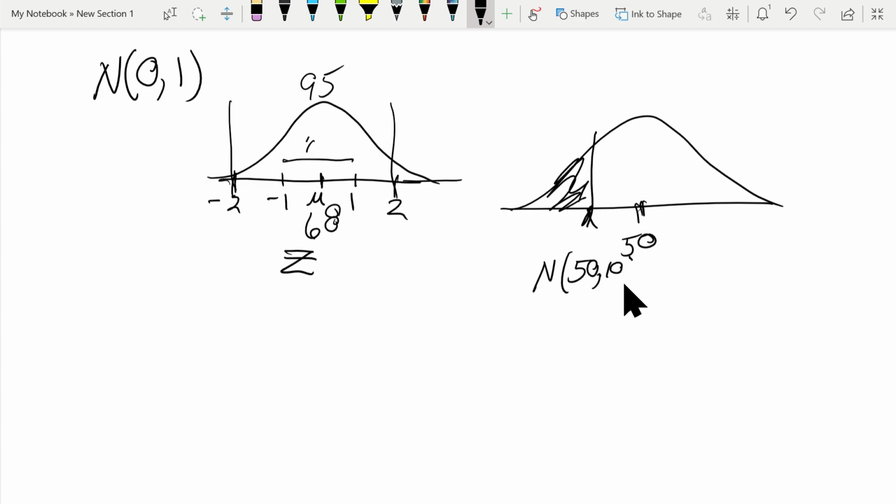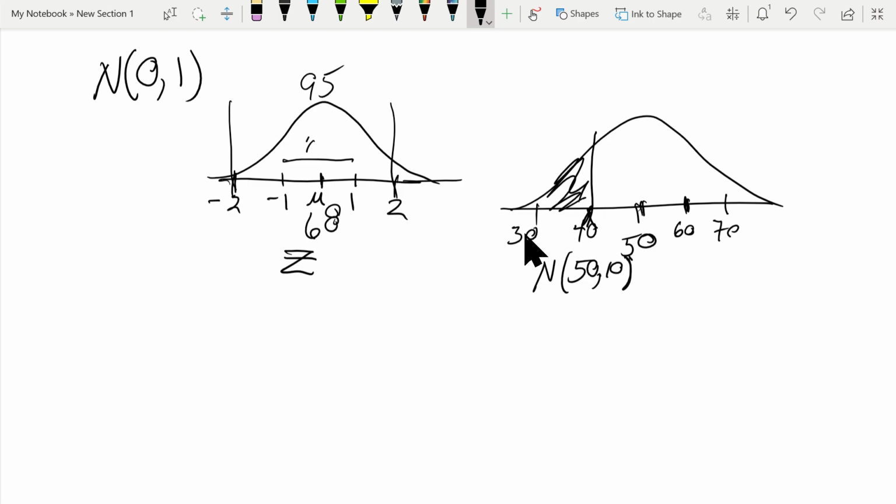This is a normal distribution with mean 0, standard deviation 1. This is a normal distribution with mean 50, standard deviation 10. So if I go up 1 standard deviation, this is 60. 2 is 70. Minus 1 is 40. And minus 2 is 30. Right.